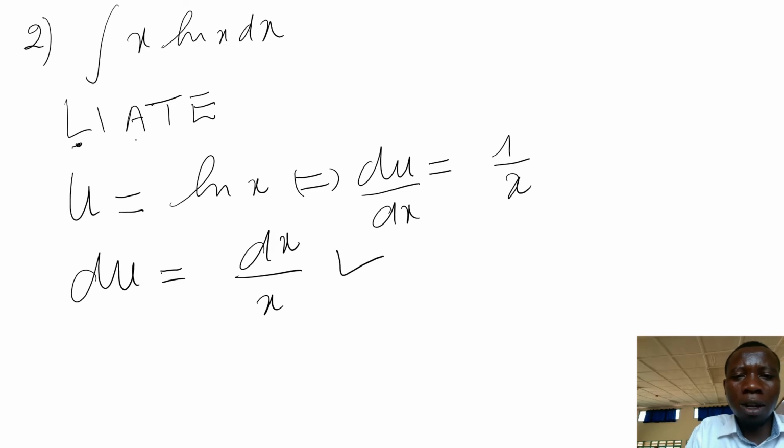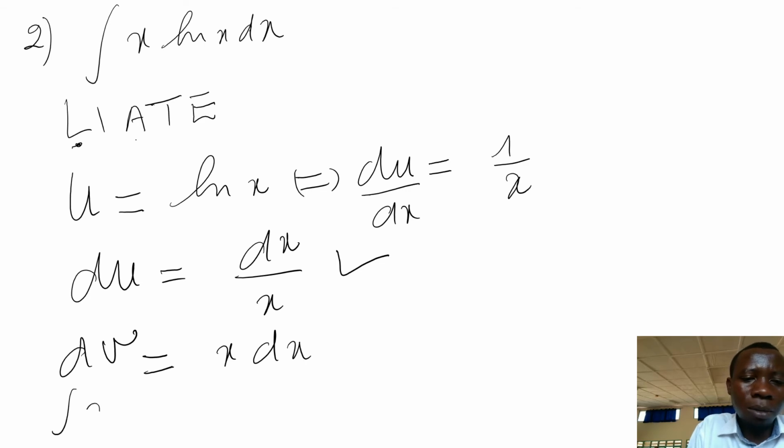I will keep this one. If one function is being considered as u, the other one which is remaining will be taken as dv. So my dv is equal to x dx. Applying the integral on both sides, we get v as the integral of x dx.